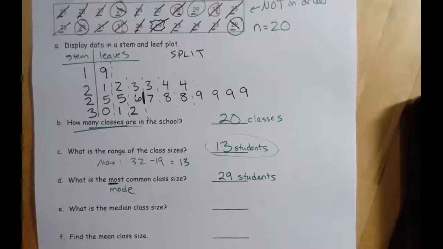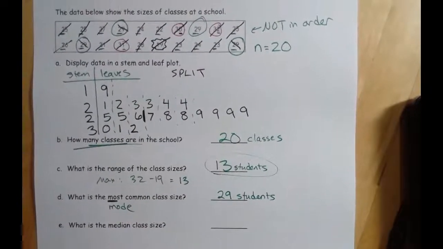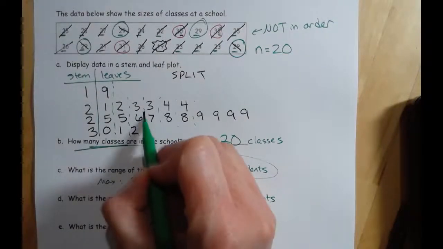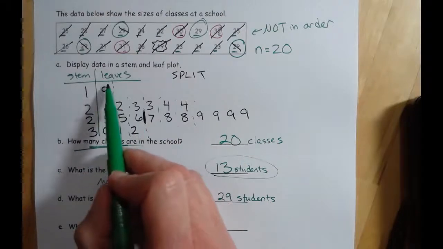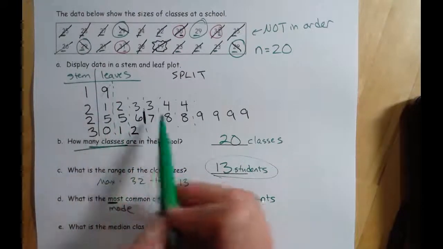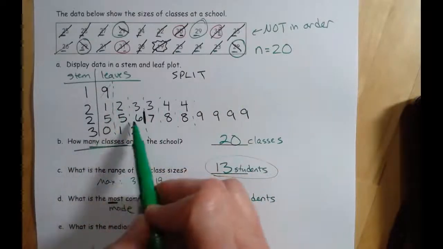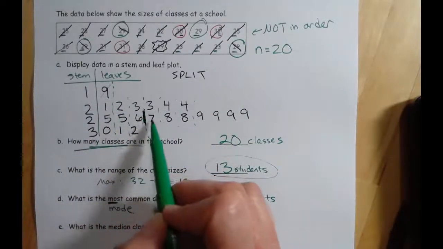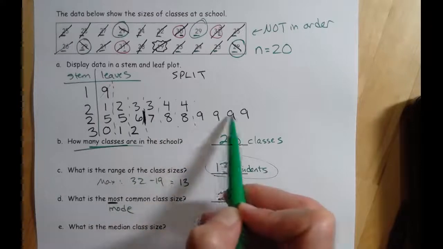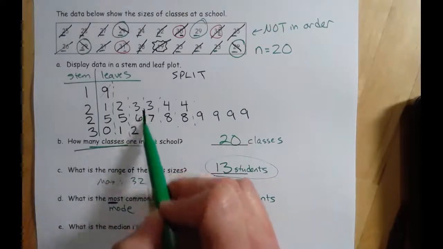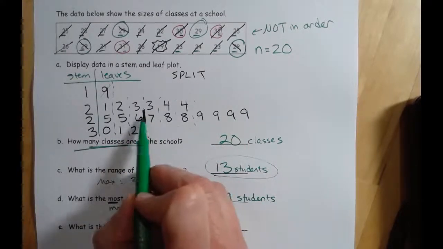What is the median class size? So the median is, I actually already did it. Remember, I counted, you can go ahead and cross off like this if you want, like I did before, but I actually counted the 10 data points, and then I put a line, and then let me check again. 1, 2, 3, 4, 5, 6, 7, 8, 9, 10. All right. So the median is going to happen right in between here.